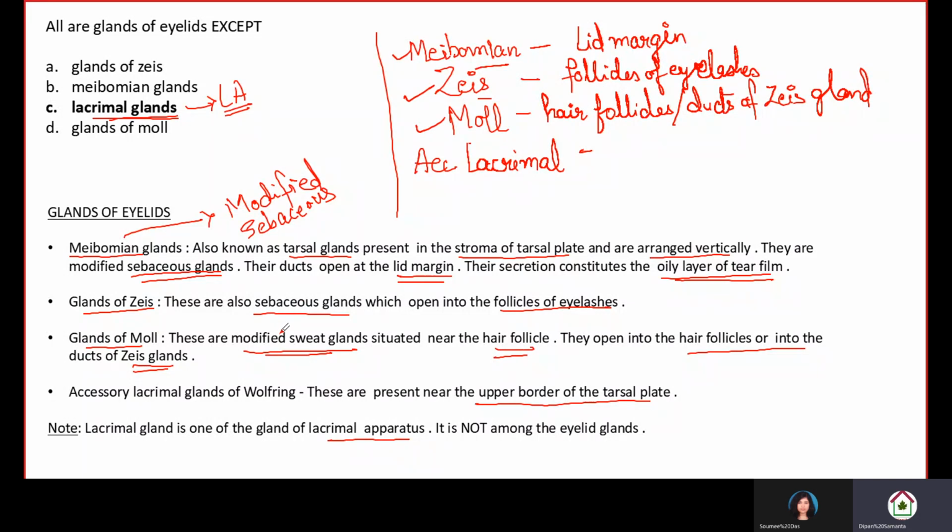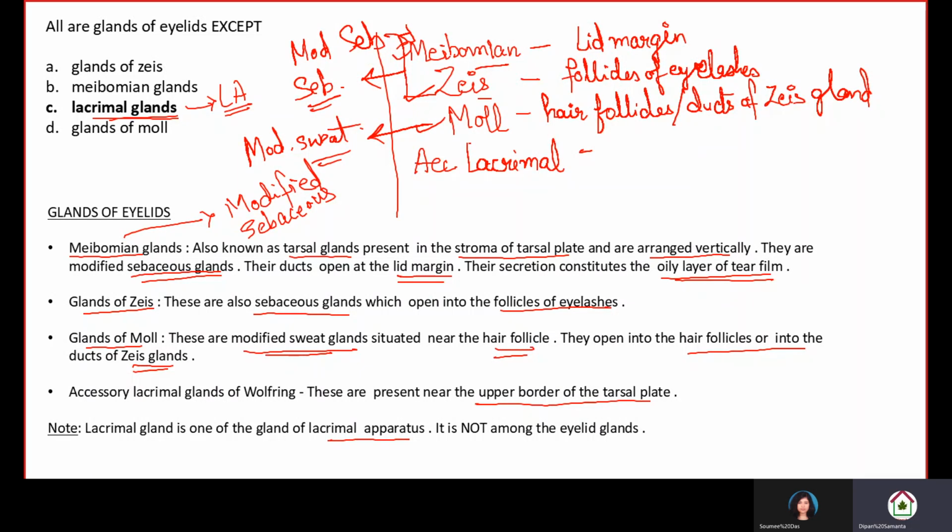And another thing to remember is that meibomian is a modified sebaceous gland, while Zeis is a sebaceous gland, and Moll is a modified sweat gland. Okay, so this is about the glands of the eyelids.